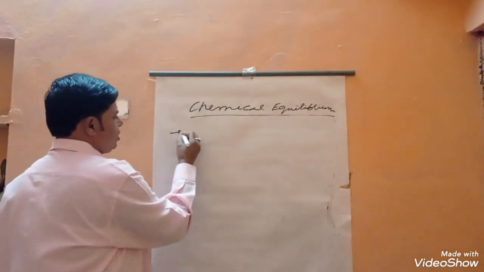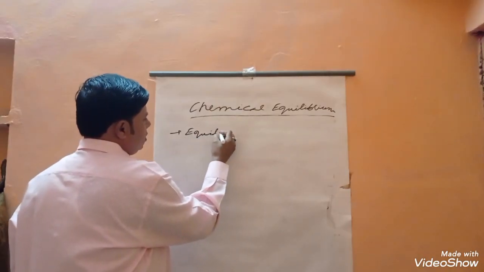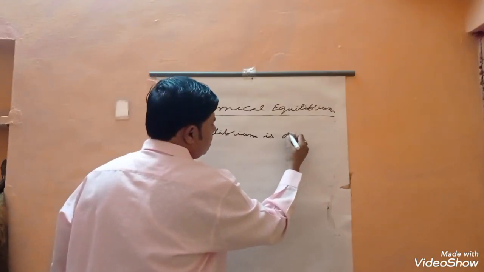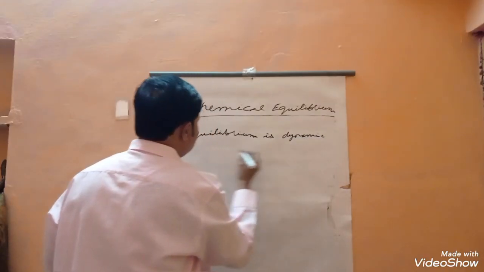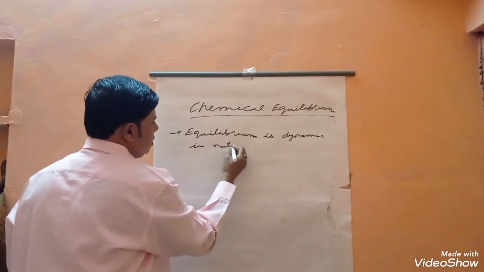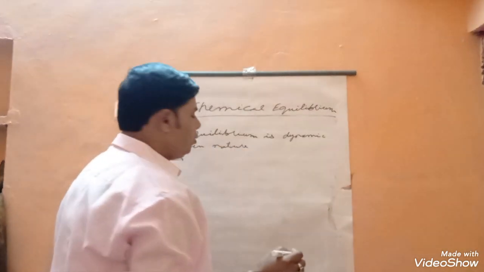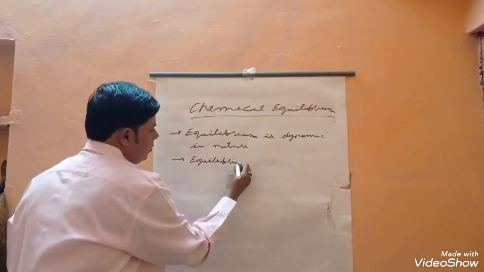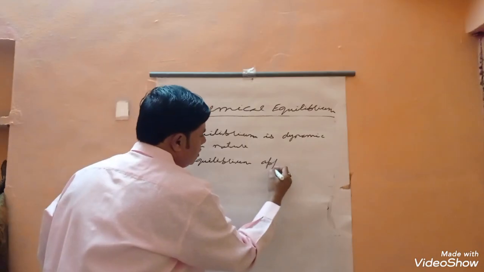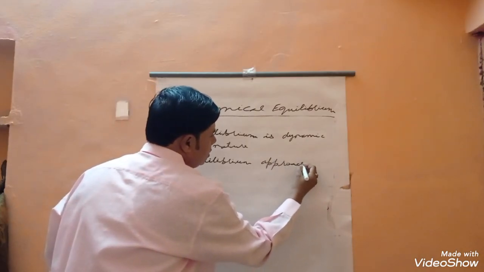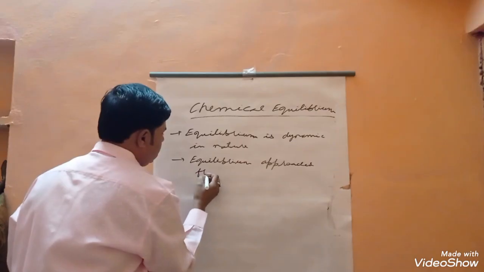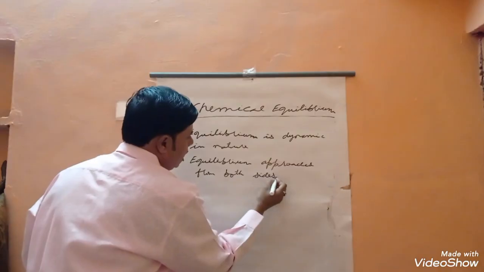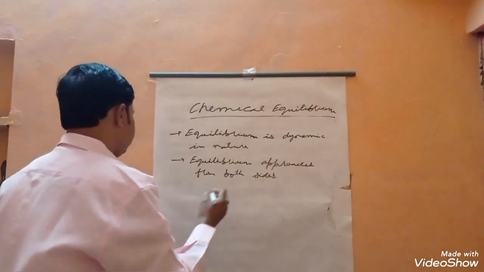Equilibrium is dynamic in nature. Equilibrium approaches from both sides, either from the right side or from the left side.